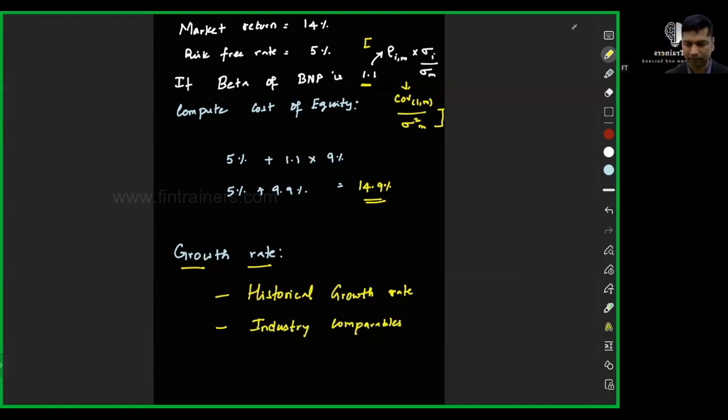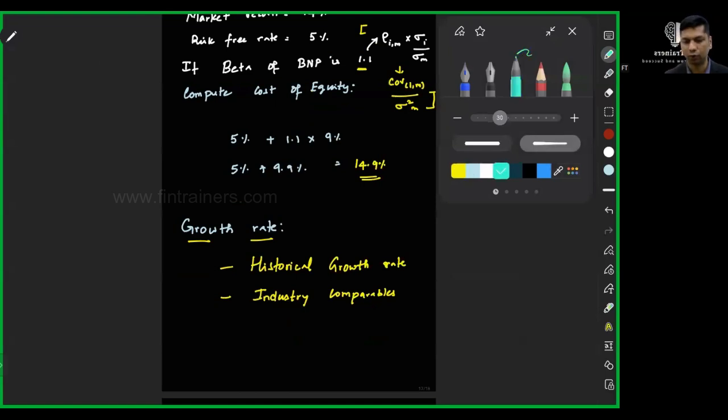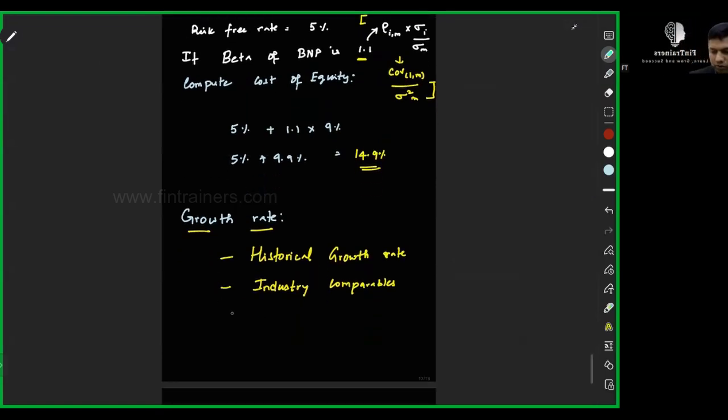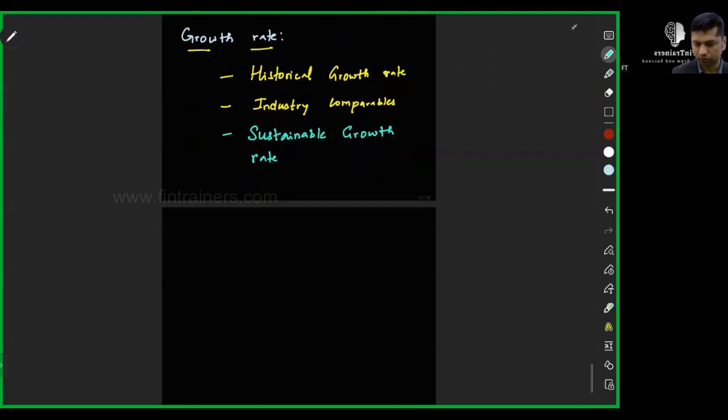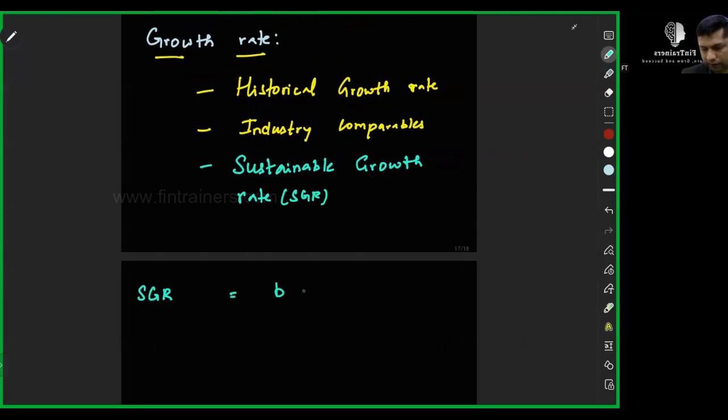But we are now doing equity valuation and we like to go with a fundamental approach, and we are going to use what is called the sustainable growth rate. This is a formula that we need to know. It is very simple: your retention ratio multiplied by return on equity.